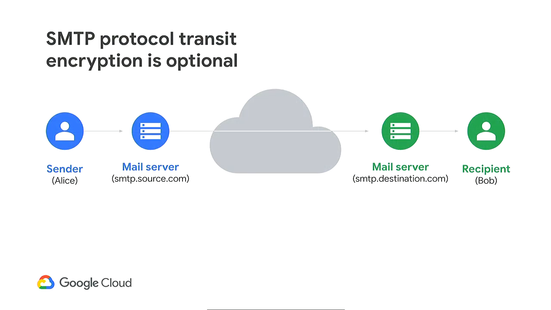However, it doesn't change the fact that the SMTP protocol itself does opportunistic security. When Alice is trying to send an email to Bob, email used to be totally clear text. Then STARTTLS was added in 1999, which offered opportunistic encryption, which means if both ends agree on supporting encryption, they will encrypt the transit.